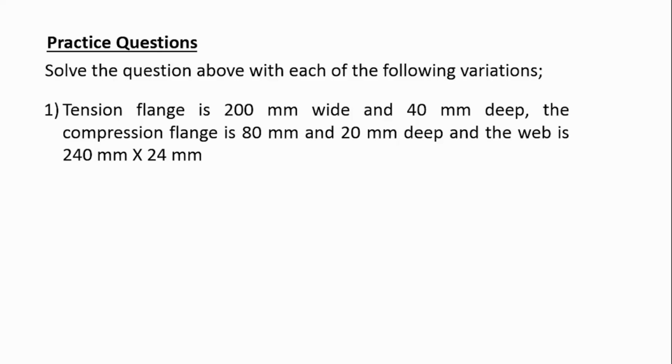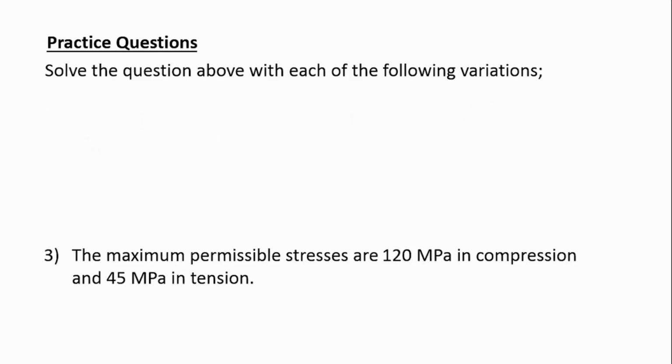What do you think will happen to our answers? Same thing, just that in the place where you have M equal to WL squared over 8, in the place of L, you put 8 and not 4. And then, lastly, for this tutorial, assuming you were given the maximum permissible stresses as 120 megapascal in compression and 45 megapascal in tension.